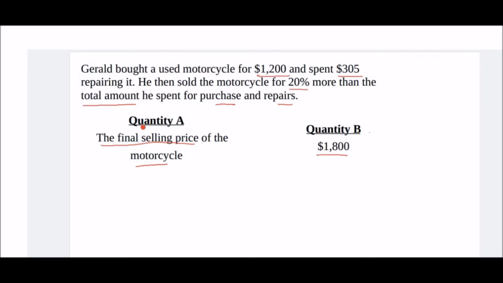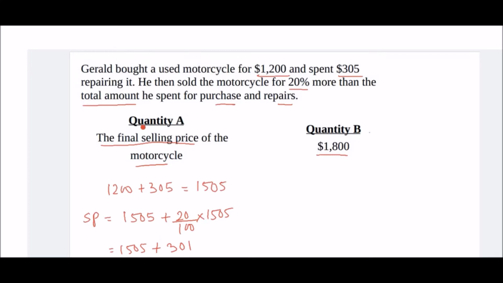So first we have to find the total amount spent, that is $1,200 plus $305, which becomes $1,505. For the selling price, he sold the motorcycle for 20% more, so the selling price will be 1,505 plus 20% of 1,505, so that will be 1,505 plus 301.